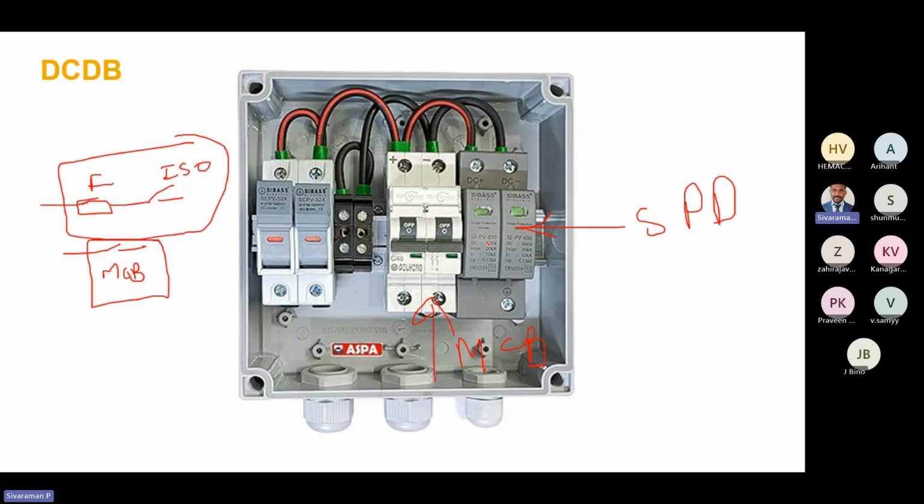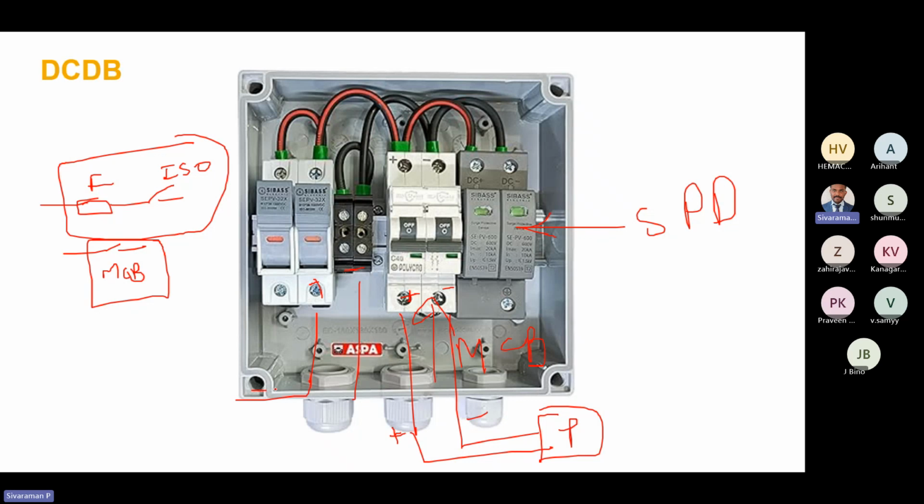So the input will come here. This is the negative, positive or negative. Similar to that, here positive, then this will be negative. This will go to the inverter. So from here, it will come from the panel, common positive, negative.